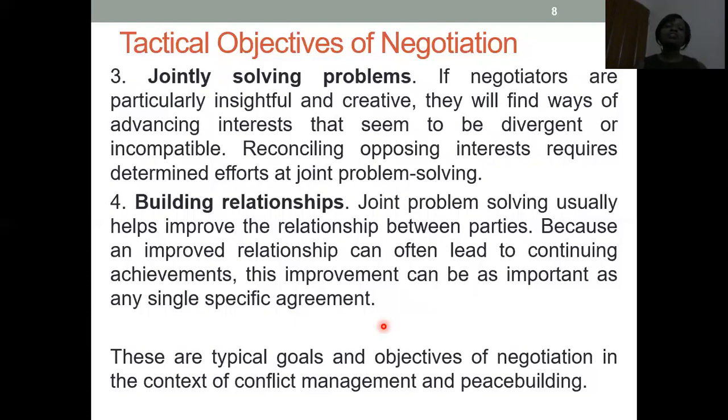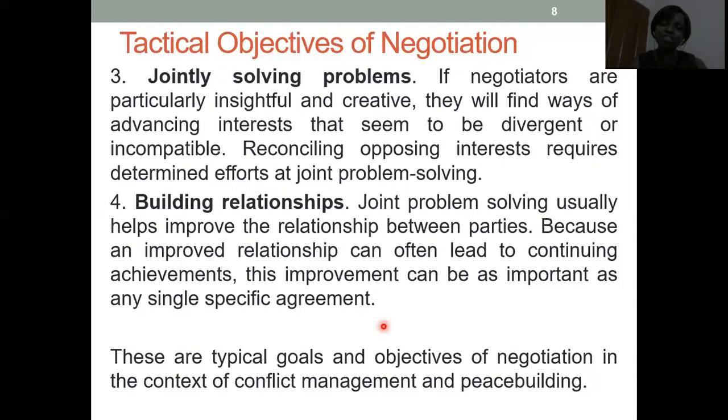Such that you can advance the interests of both parties. Even if they're incompatible, you find a way of bringing the party interests together such that you can jointly solve problems. Another objective is you're going to build relationships at the end of the day. So when you're in negotiation, your goal is that at the end of this negotiation, we need to build a relationship.